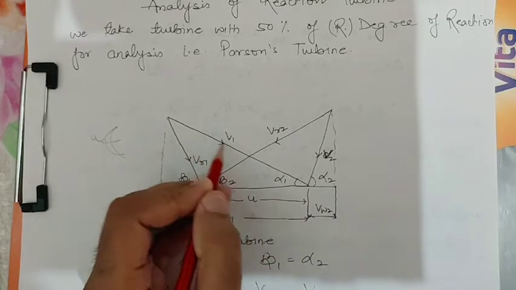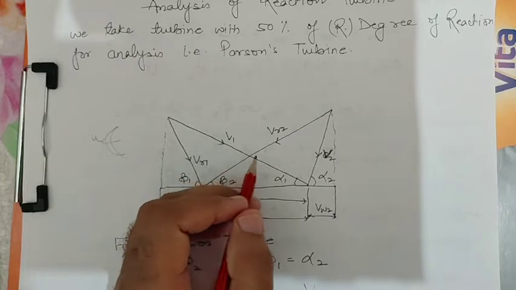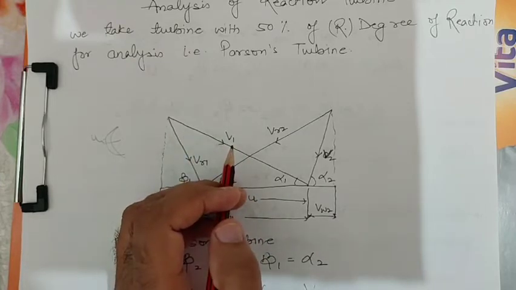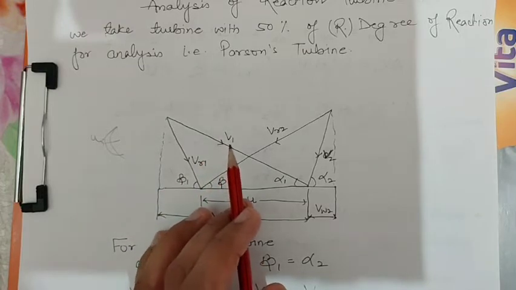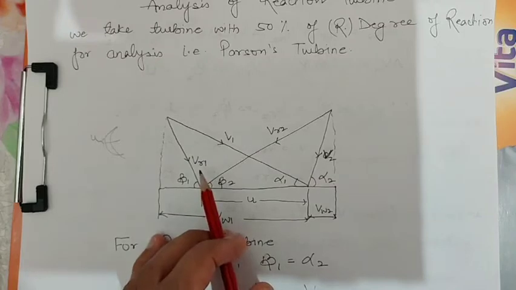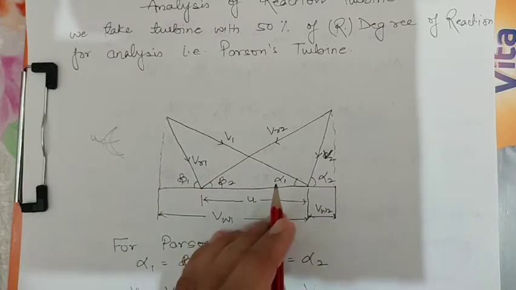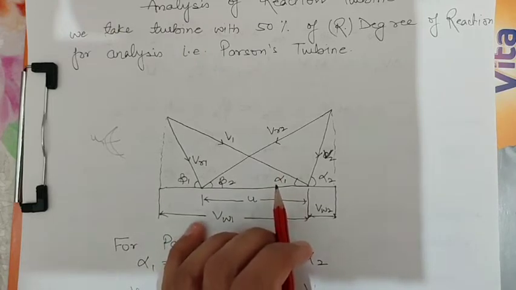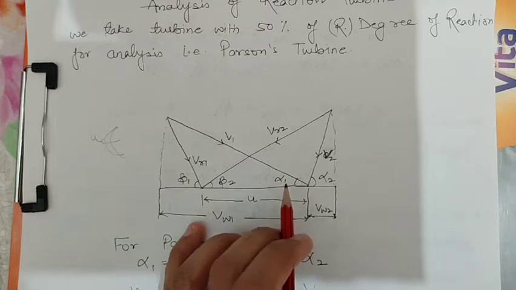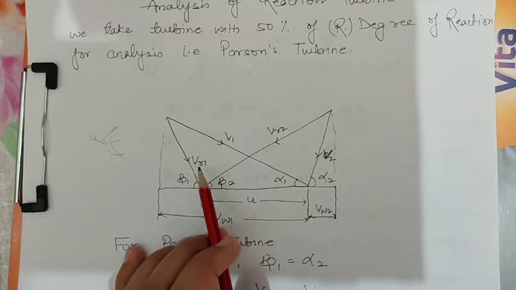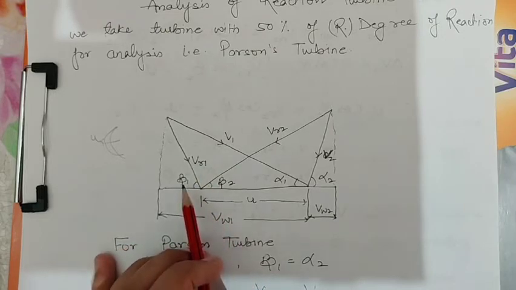This V1 is the absolute velocity of the steam coming from the fixed blade, and the relative velocity between V1 and U is VR1. The angle between V1 and U is alpha 1, and alpha 1 is the angle at which the fixed blade is fixed. The angle between VR1 and U is beta 1, and beta 1 is the blade inlet angle.